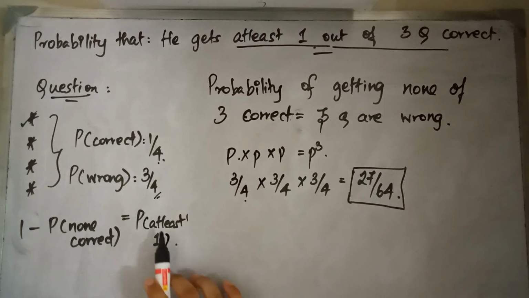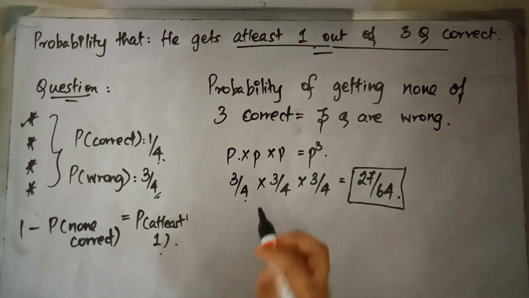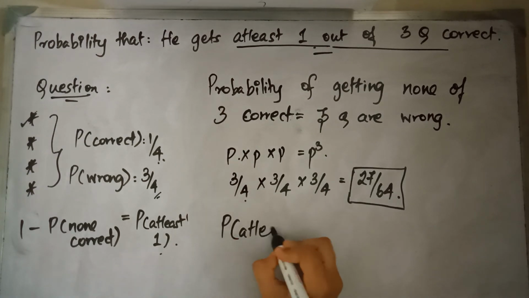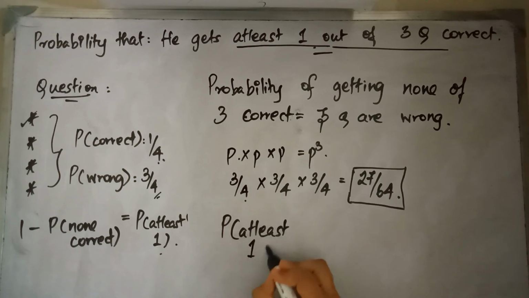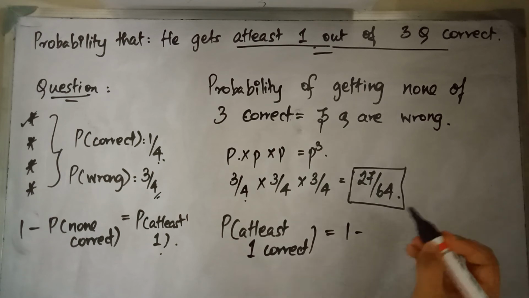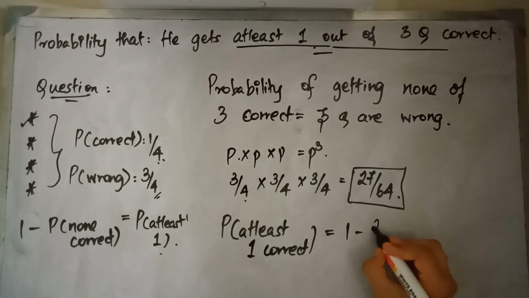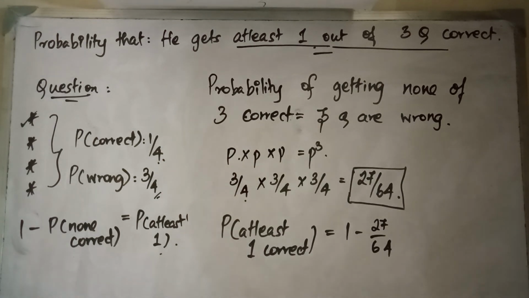So this will be the probability of him getting all 3 questions wrong. Now to find out the probability of getting at least one, the probability of getting at least one correct will be 1 minus the probability of getting all 3 wrong, or none correct. 1 minus 27 by 64.